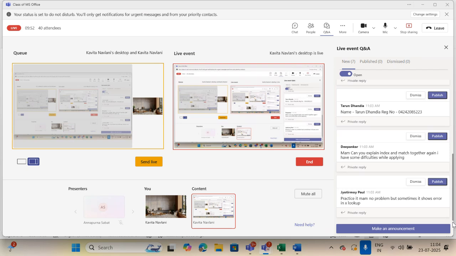Dipankar, INDEX and MATCH together. Dipankar, can you copy it? Whatever difficulties you are finding, can you send me that formula, so that I can come to know what kind of formula you are using and what you want exactly. Instead of typing your message, just send me your formula, whatever you use, and where you find the difficulties.